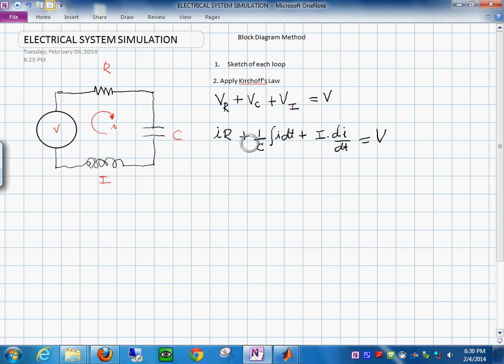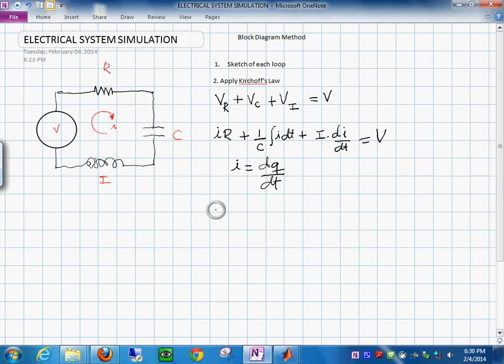But you see the differential equation that we have in here, it's sort of funny because some terms have integrals, others have derivatives. That is not helpful for our purposes because we want to solve the differential equation. So one way of doing it is to be consistent. We could put it in terms of the charge.